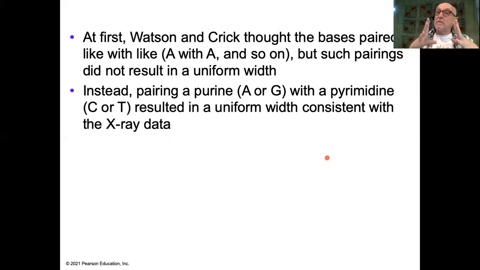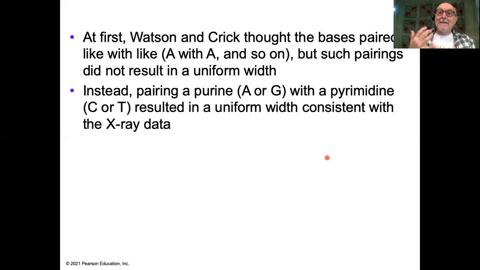because they said a purine must match to a pyrimidine. They suddenly thought back to Chargaff's rule, which said there was always the same amount of adenine as there was thymine. There was always the same amount of cytosine as there was guanine. They suddenly realized that this explained Chargaff's rule.